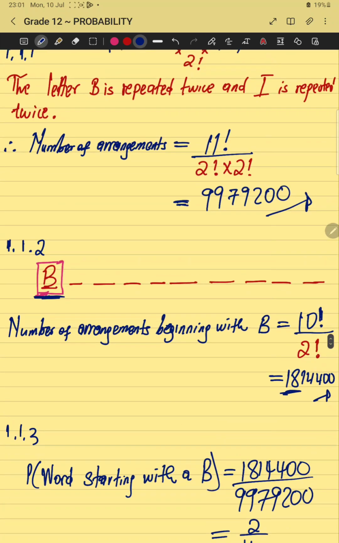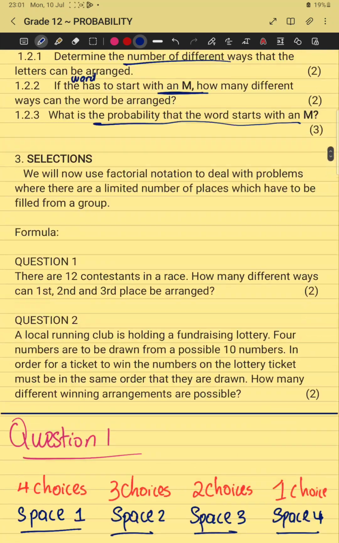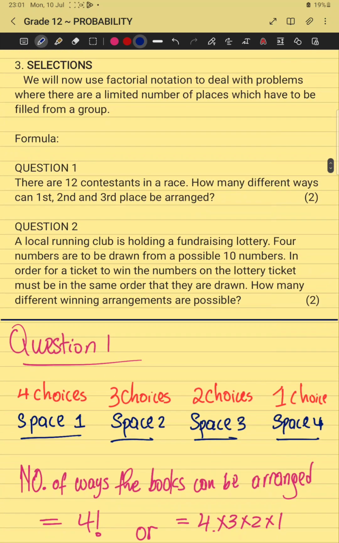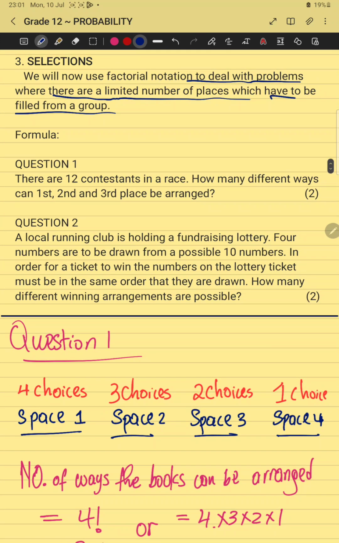Right, so let's move on to the last part, which is selection. We will now use factorial notation to deal with problems where there are a limited number of places which have to be filled from a group. Let me write the formula for selection.